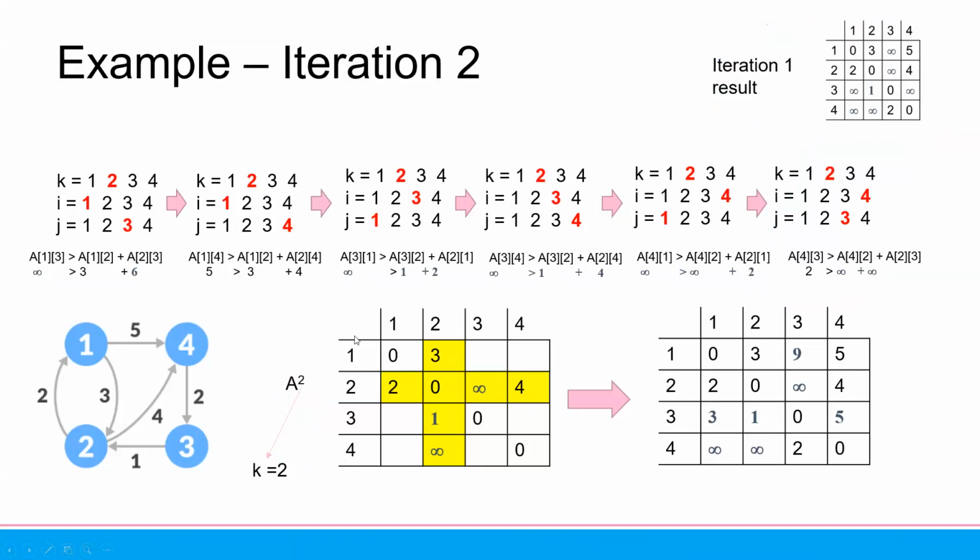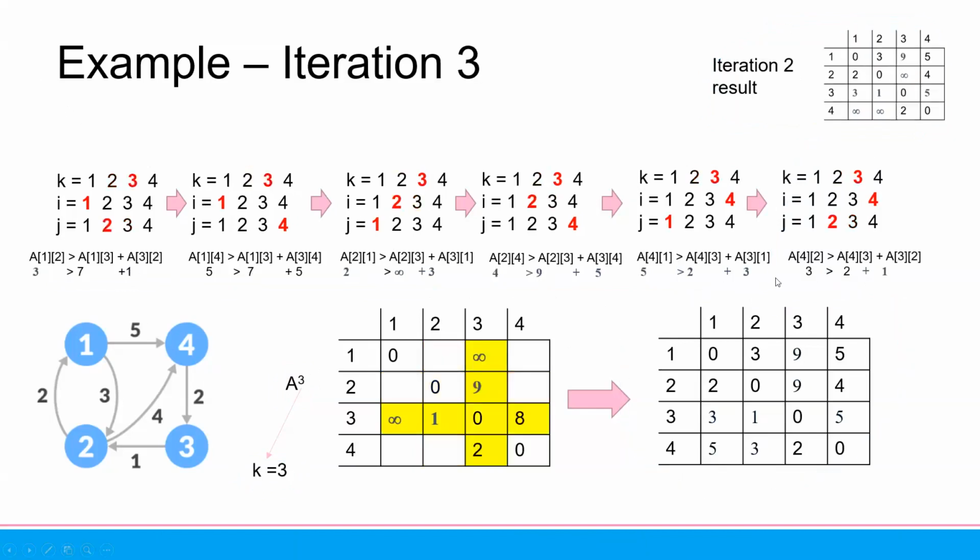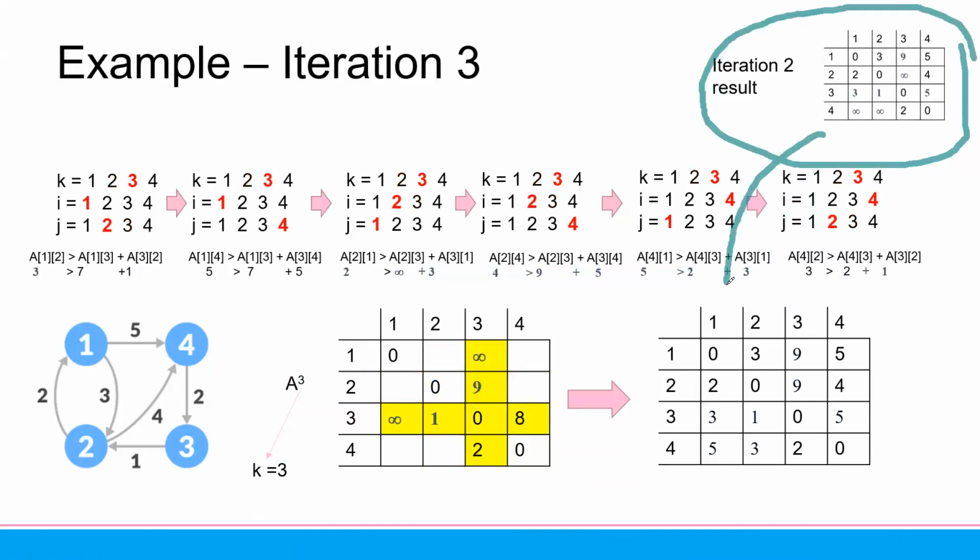And then after we have this matrix, again we will check, and we will use that iteration. We will use the result from iteration 2 to update iteration 3.